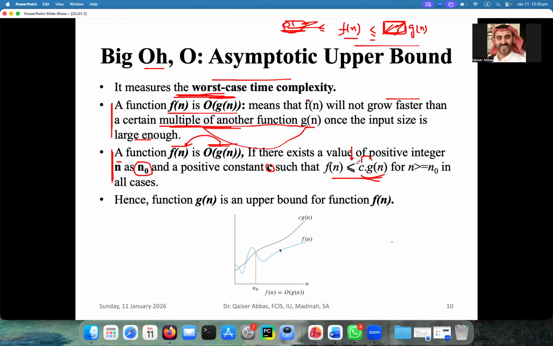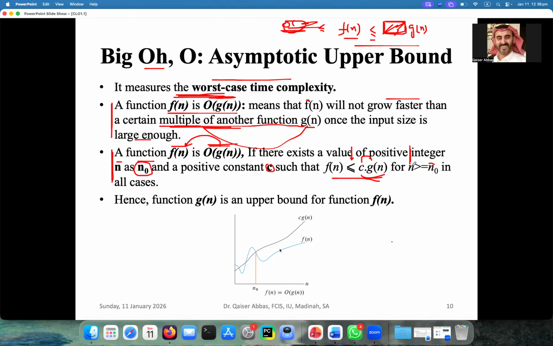If this inequality holds, it becomes true that this f of n, this running time, will always be less than or equal to c g of n for all positive n greater than the initial point that you have taken.